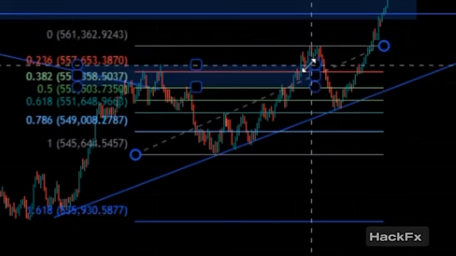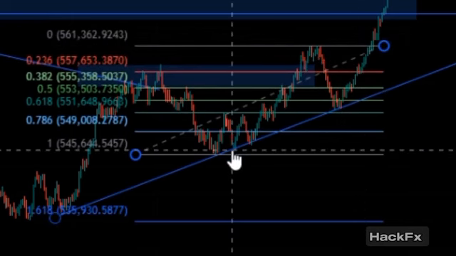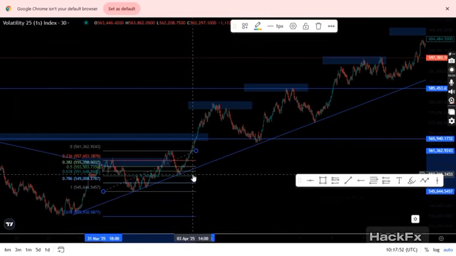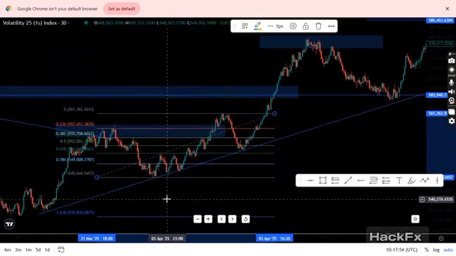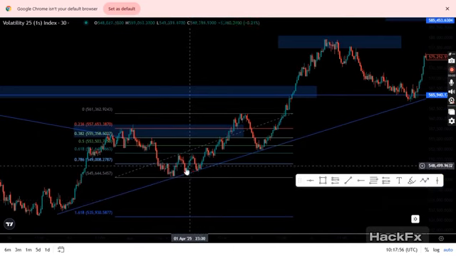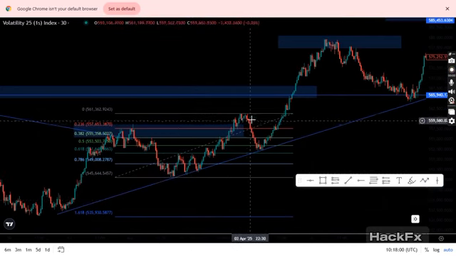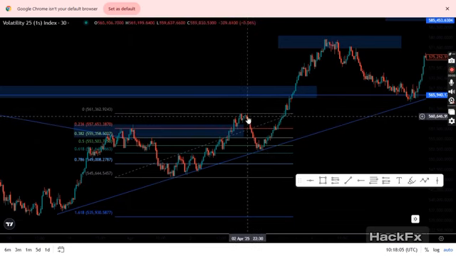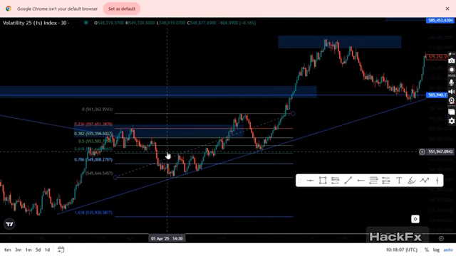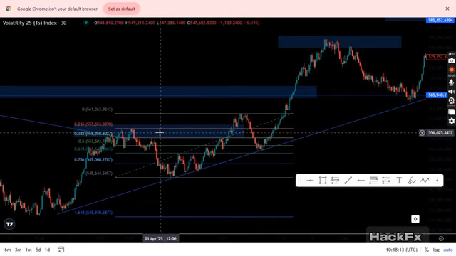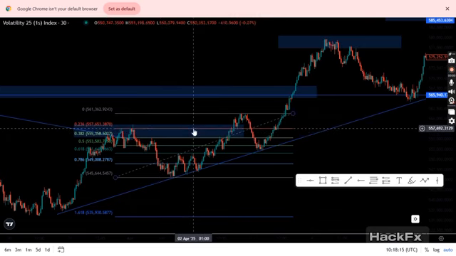The resistance area can be considered as high, the support area as low. Let me zoom in. You see, we put the 100 at the support area and the 0 at the resistance area. Make sure the high of the previous one was taken out before you do this.